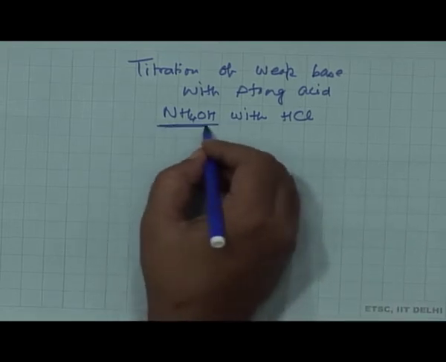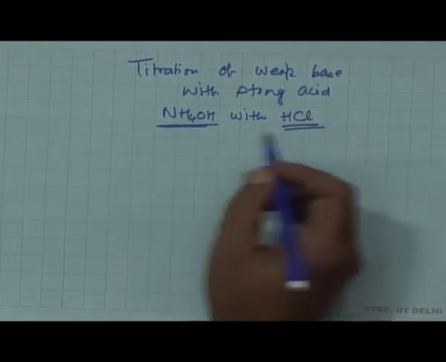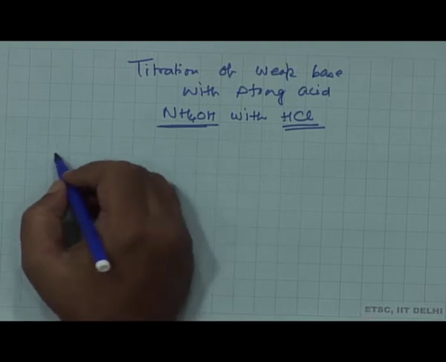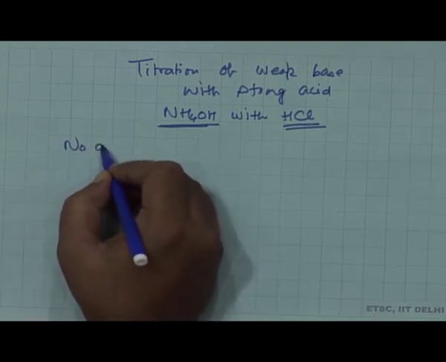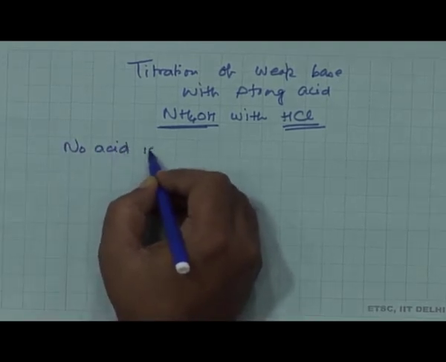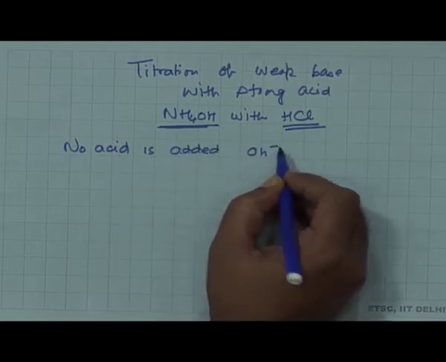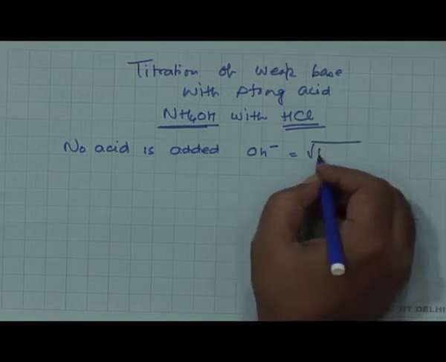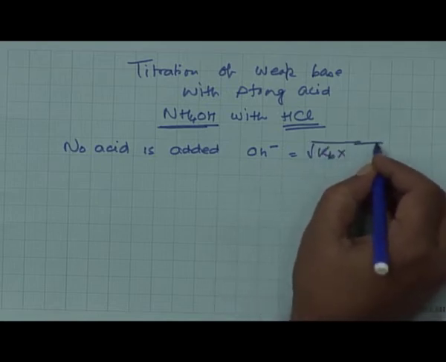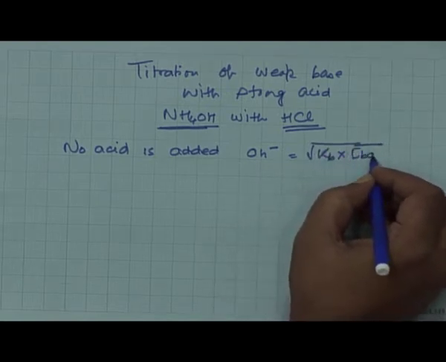The ammonia solution is a weak base and HCl is a strong acid. When no acid is added, you can calculate OH minus ion is equal to root of Kb into concentration of base.